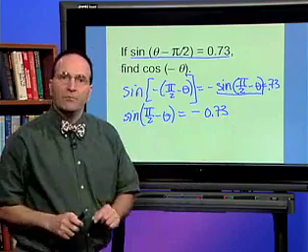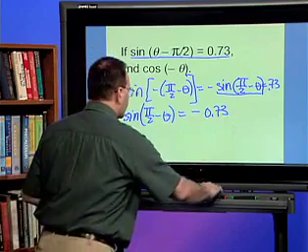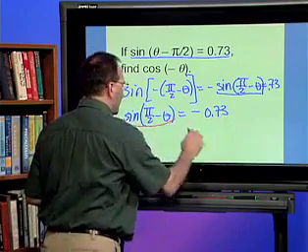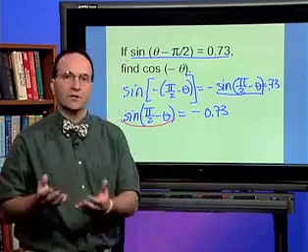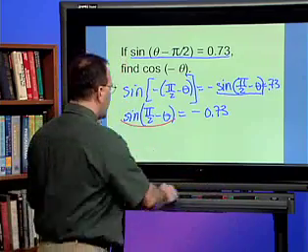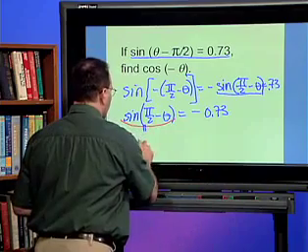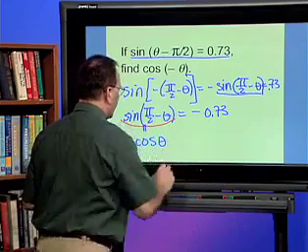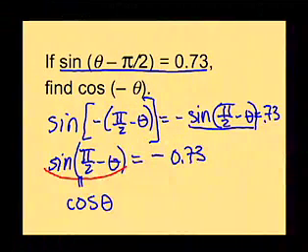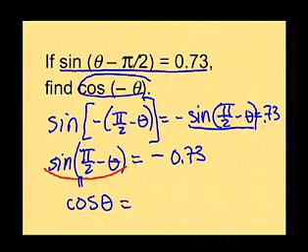The reason that's helpful is, what do I know that the sine of pi over 2 minus theta is equal to in terms of the cofunctions? I know that this equals cosine theta. All right, well, that's helpful because I'm getting closer to this answer here.